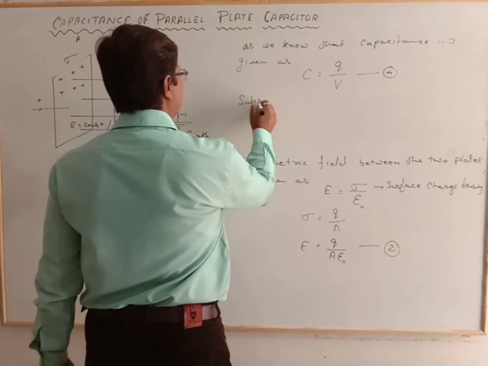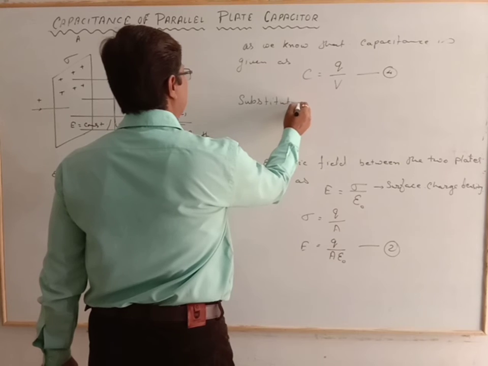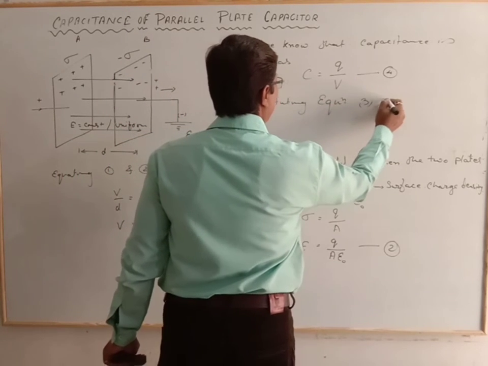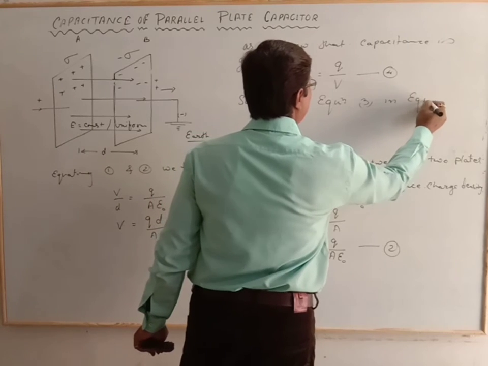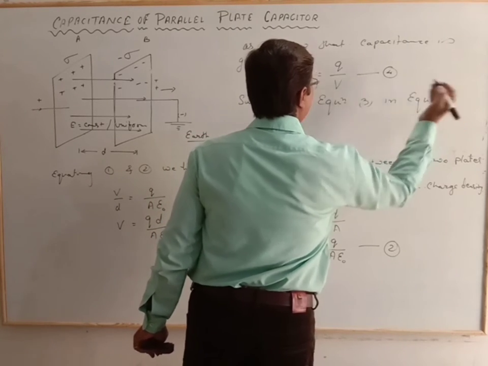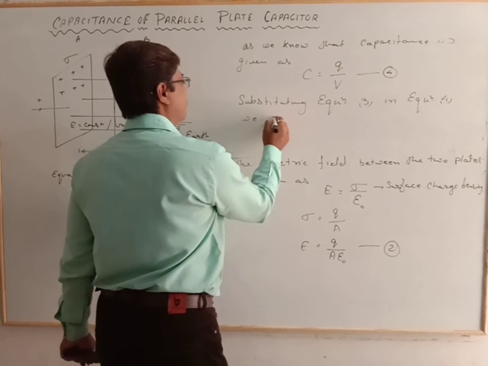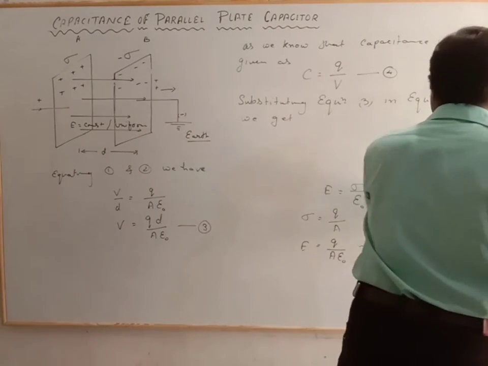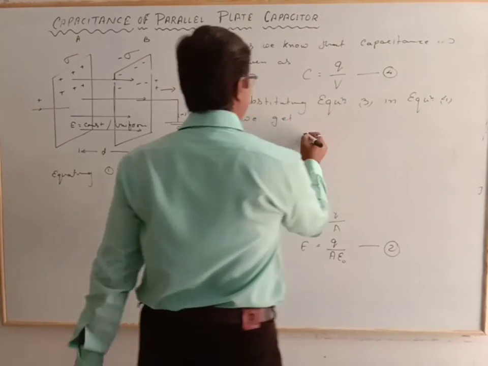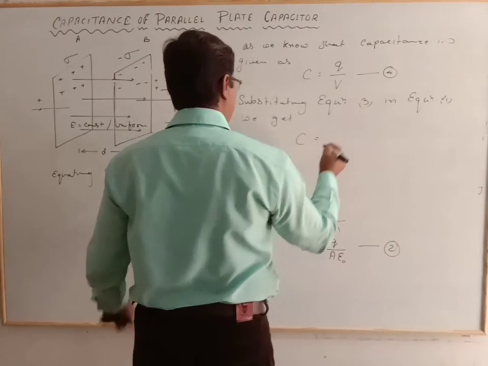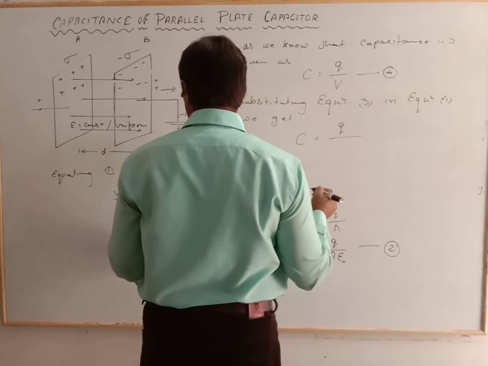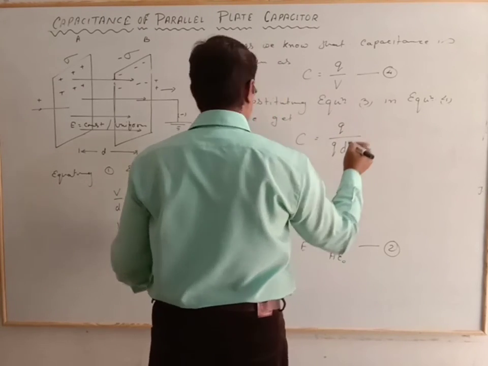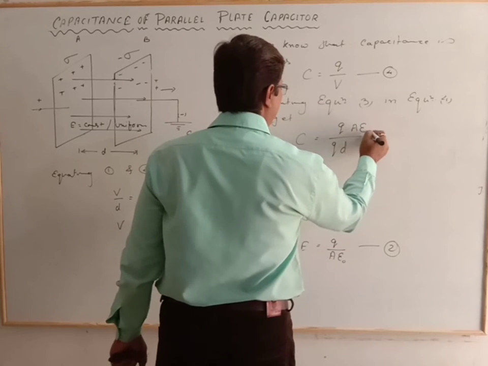Substituting equation 3 in equation 4, we get the capacitance C equal to charge Q by the potential, that is Q divided by Q D by A epsilon naught.